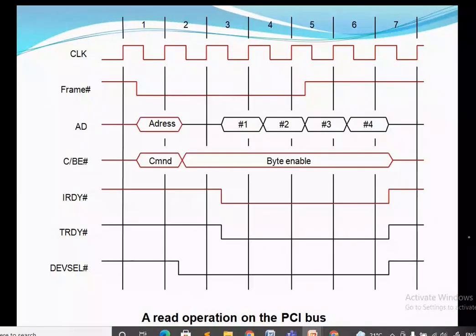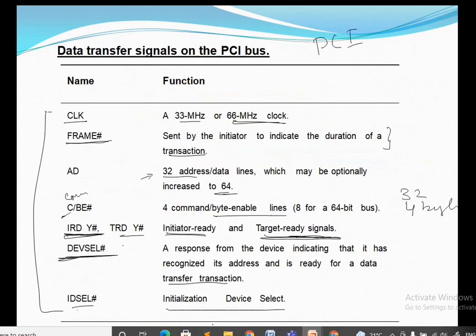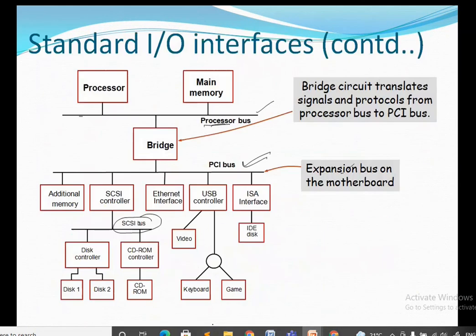Let's go to the read operation. In this case, the devices are connected to the PCI bus. For the read operation, how does it work? In this diagram, we have already discussed the processor bus in the previous topics, DMA, and the synchronous and asynchronous bus.